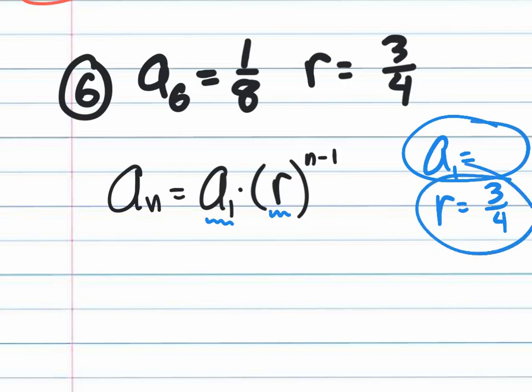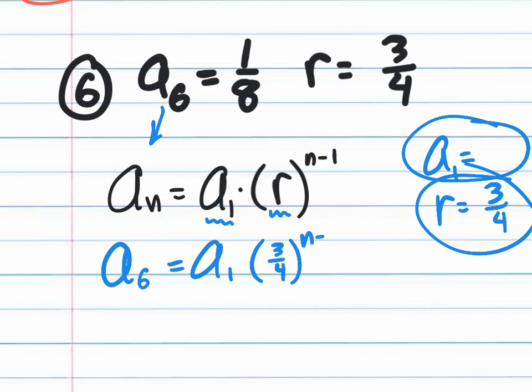Okay, so these are the two things that we need. Let's just plug in what they give us. The a sub 6 instead of a sub n, let's plug that in. A sub 6 equals a sub 1, we don't know, times r. What is r? r is 3/4. They give that to us, to the n minus 1 power. Now, we know that a sub 6 equals 1/8. So why didn't I just put a 1/8 right here?